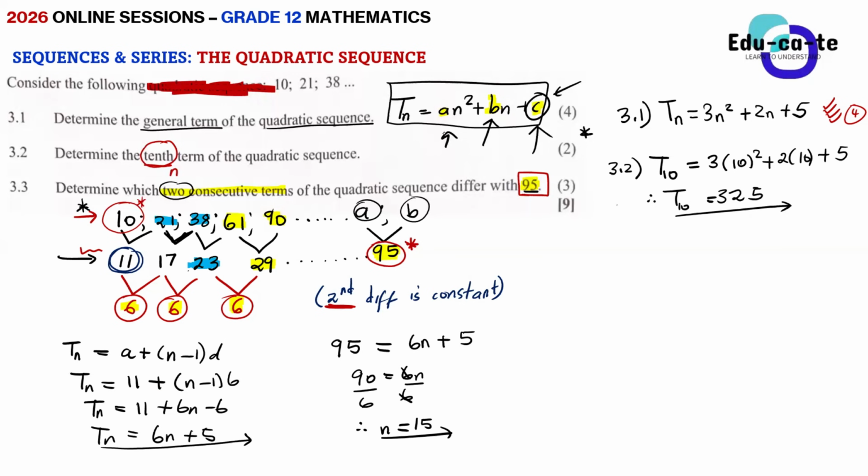So I used the 14th, the 15th, and the 16th to see which one will give me the difference of 95. So you did it manually. Yes, I substituted. I did T14 on the quadratic formula, and then T15, then T16.